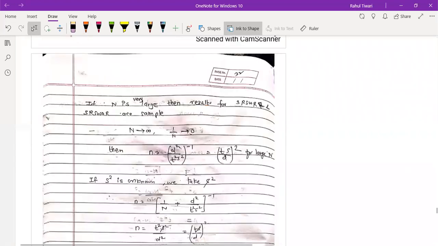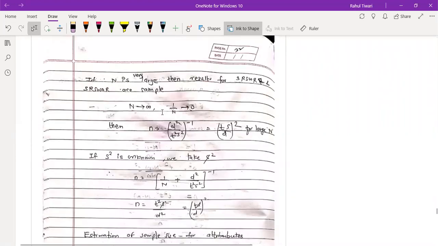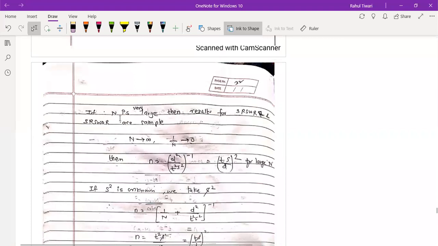Now, if capital N is large, so I'm just putting some condition on capital N. If this capital N is large, if you see the expression, the results of SRSWR and SRSWOR are the same.